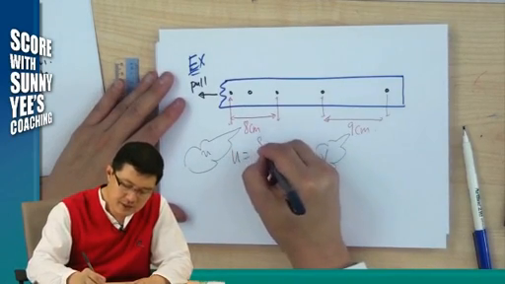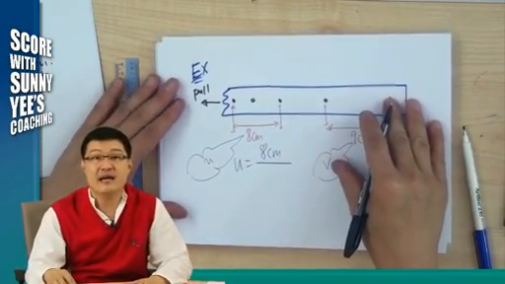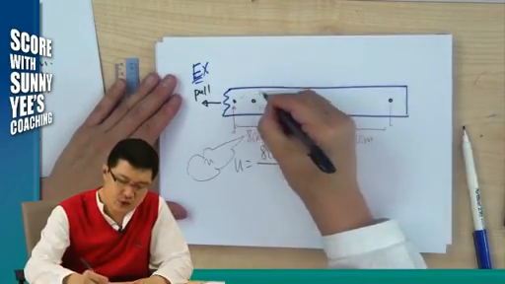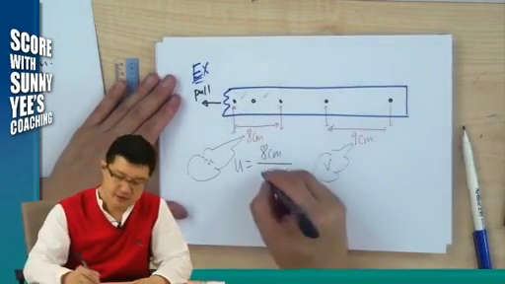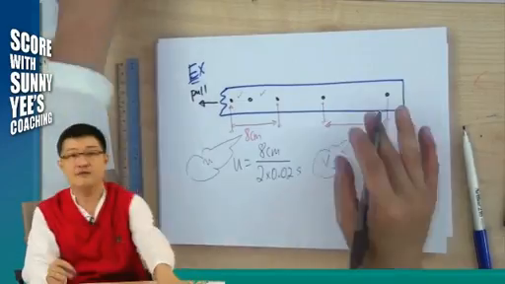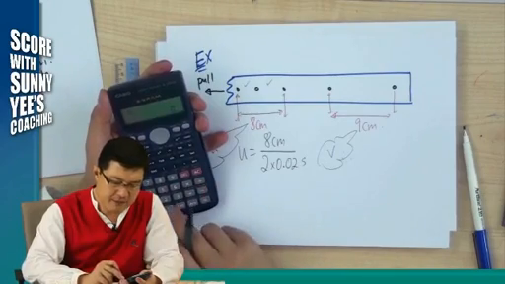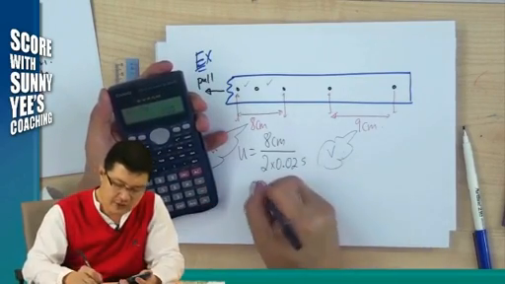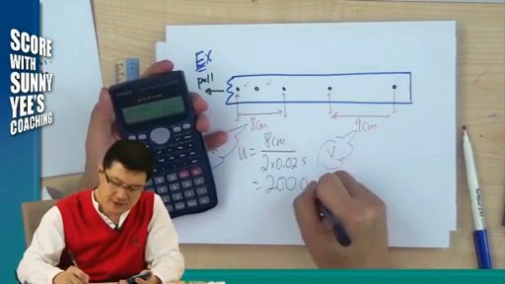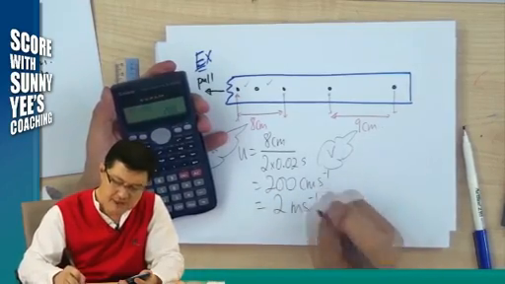So what is the U? Your U is 8 centimeter divided by how many spacing are there? 2 spacing means 2 ticks. 1 tick is 0.02 second. 2 ticks means 2 times 0.02, so 8 divided by 0.04 will be 200 centimeter per second, so 2 meter per second.